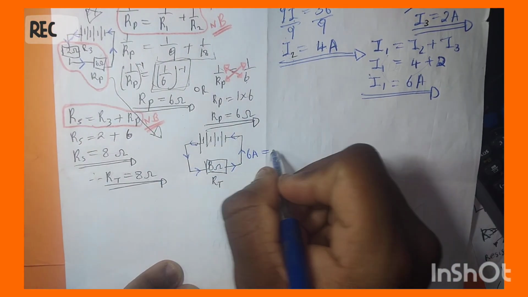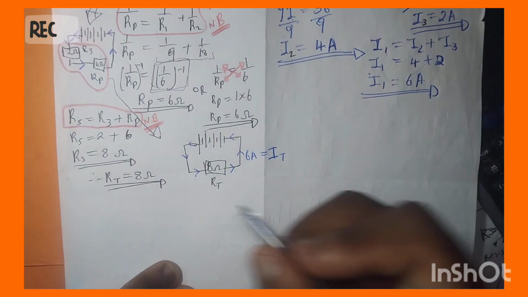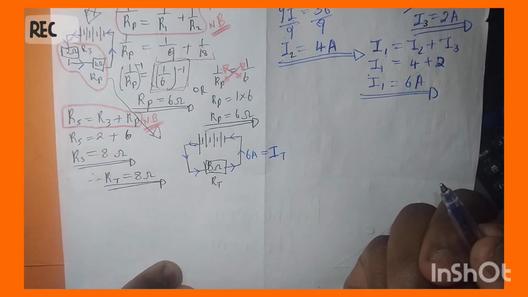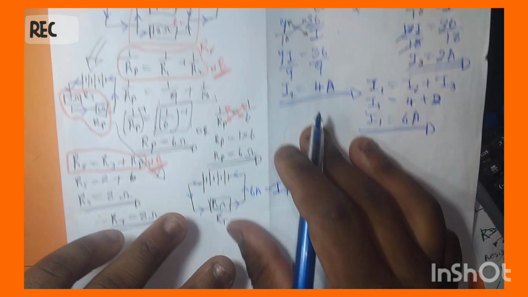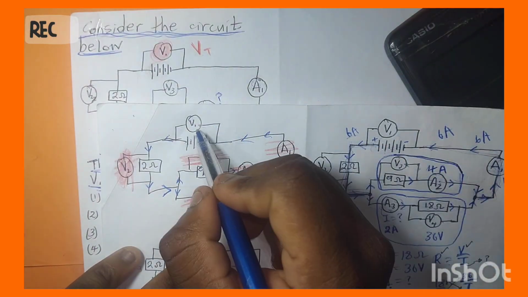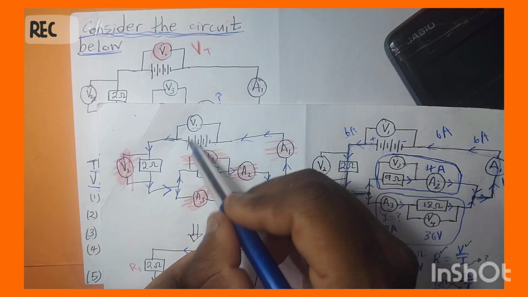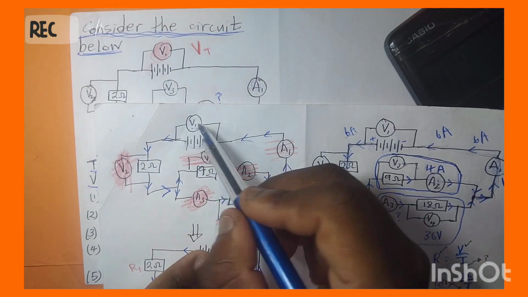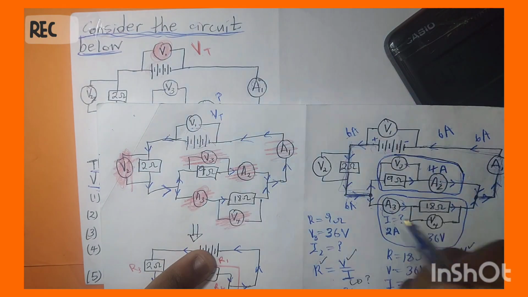And that current, I told you, is a total current. And at the same time here we have a total resistance. But what we are looking for is V1, which reads the battery there, meaning that V1 will also be the total voltage there.